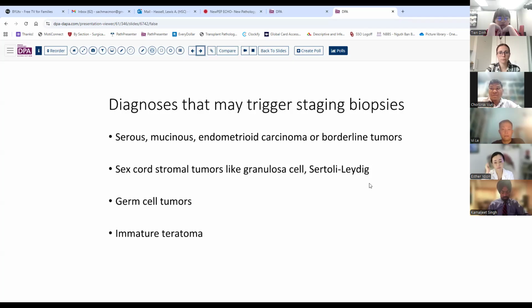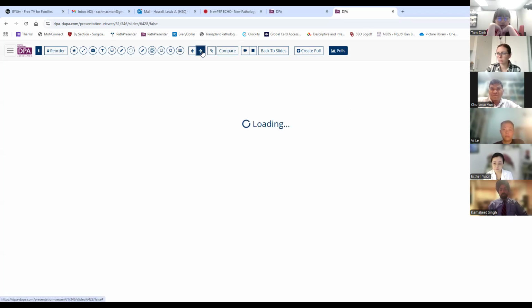Usually a fibroma or fibrothecoma does not, but there are certain sex cord stromal tumors which you need to be at least thinking about, or raise the possibility of, if you want them to do further staging biopsies. Likewise, germ cell tumors and immature teratoma can often benefit from staging evaluation, and those are things that they need to be aware of.